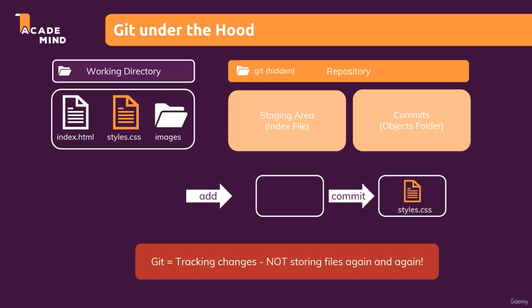But afterwards, with any changes made in the style CSS file, Git will not again store the entire style CSS file. It will just compare the previous commit with the new commit we want to make, and then only track these changes. Because otherwise we would store files again and again and again, and this would just bloat our entire project, and also, as mentioned before, this would be highly inefficient.